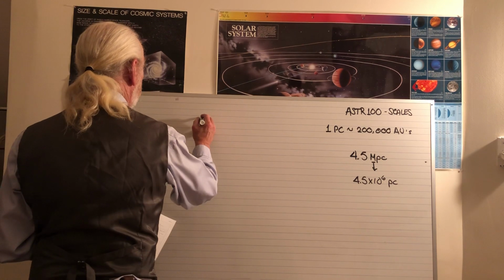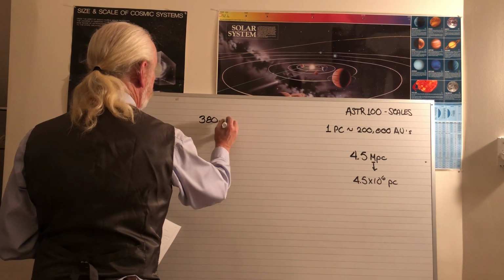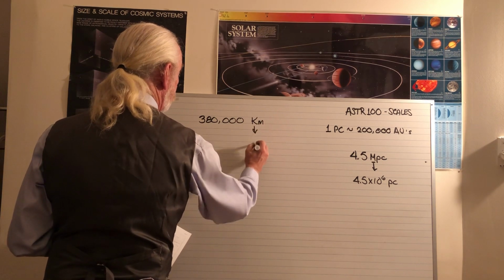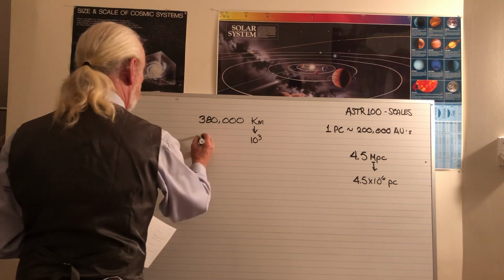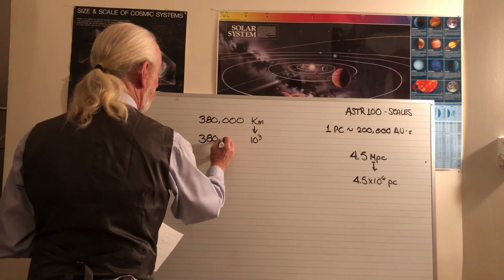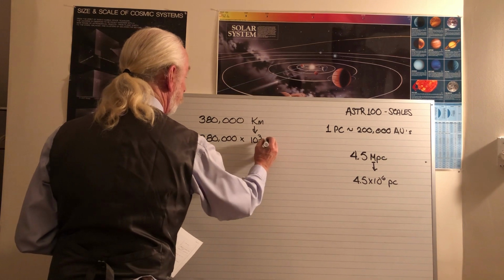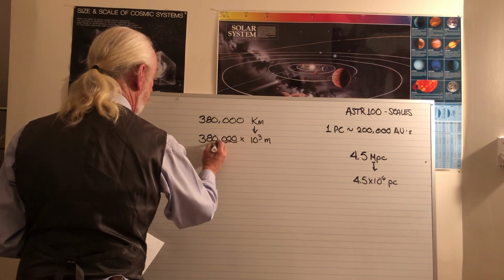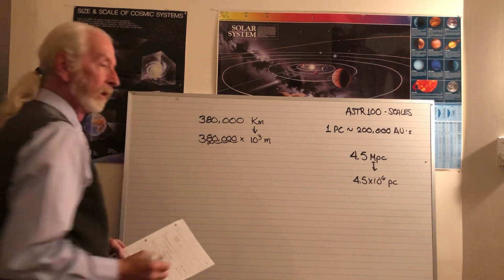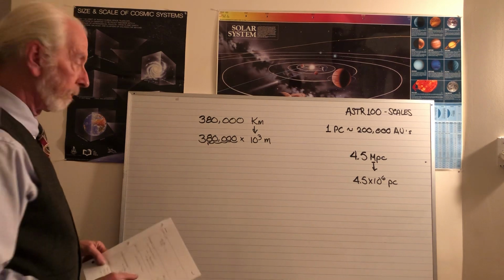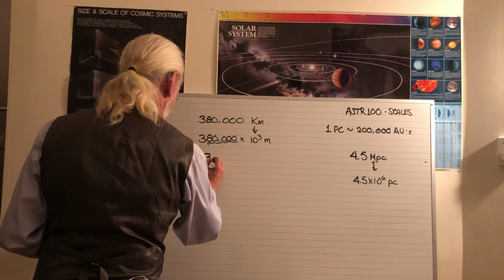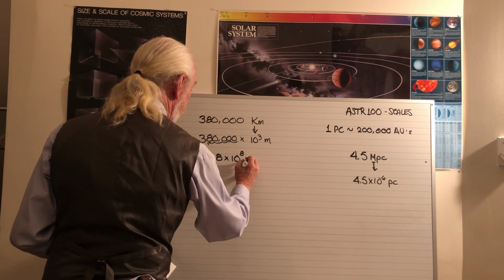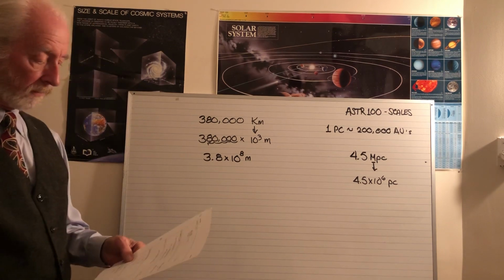So we start with 380,000 kilometers. That's going to be 10 to the 3rd. So now I have 380,000 times 10 to the 3rd meters. I'm going to go 1, 2, 3, 4, 5 places to the left. If the decimal point goes left, the exponent goes up 5 places. So that will be 3.8 times 10 to the 8th meters. There you go.